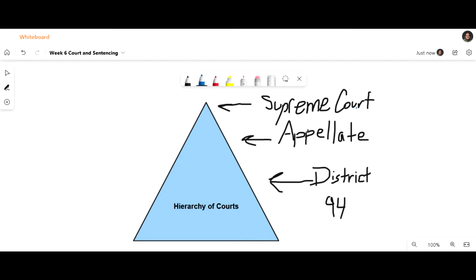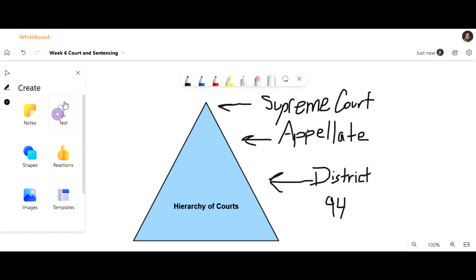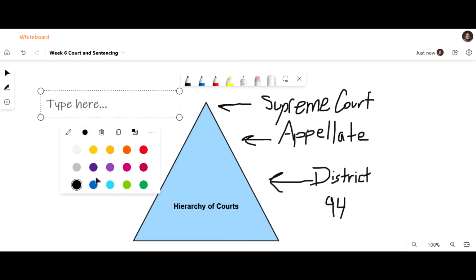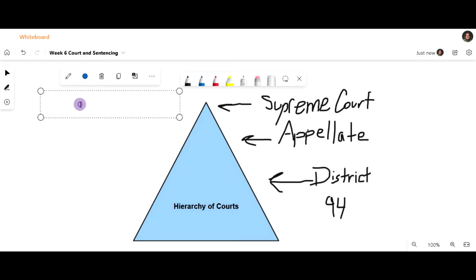Like I said, we've talked about this before. I'm going to type it here instead, and I'm going to change the text to blue just to have a difference. For the state level or the lower levels, at our top level, we have the Court of Appellate Jurisdiction.